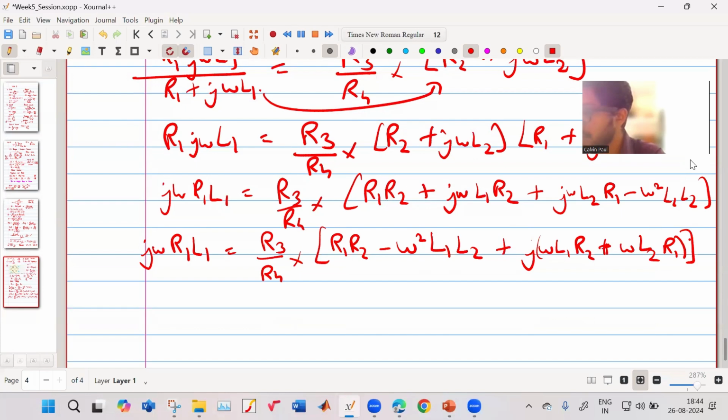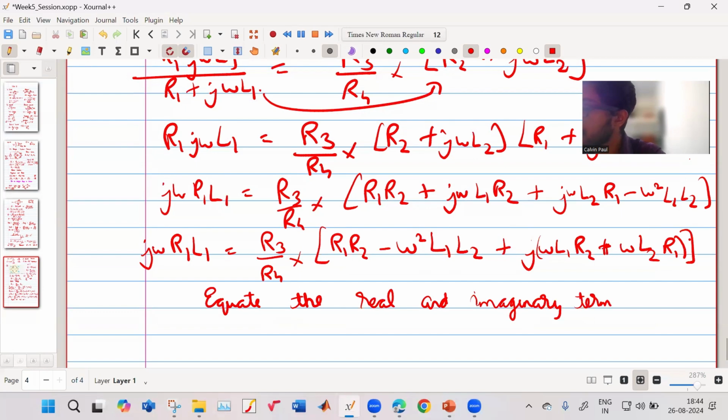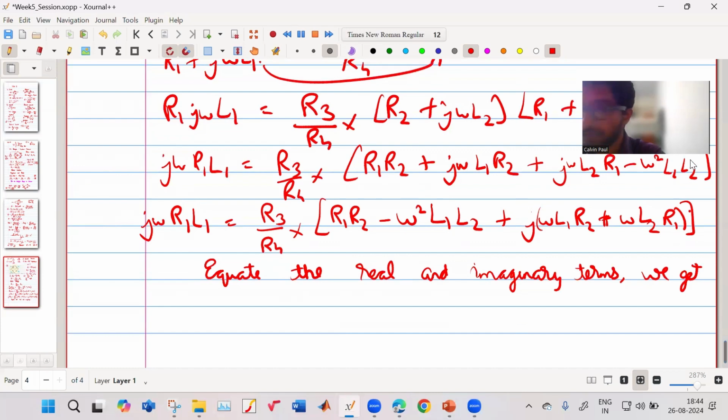So now we must equate the real and imaginary terms. The real part on the left is zero, so 0 is equal to R3/R4 into R1 R2 minus omega square L1 L2.